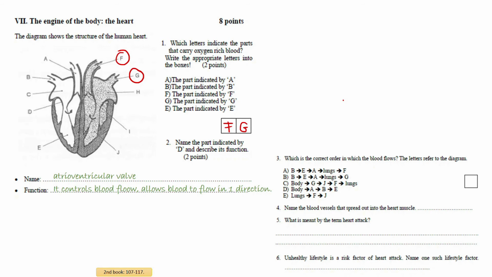Which is the correct order in which the blood flows? The letter refers to the diagram. Okay, so as I see it, in order to answer this question, we have to remember what we have discussed about the systemic circuit and the pulmonary circuit.